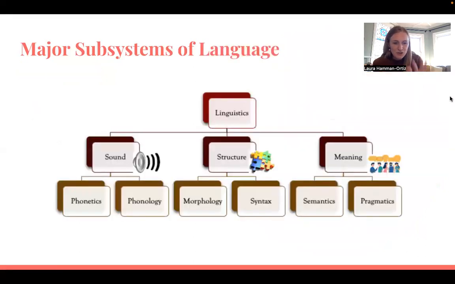And I like this visual too, as just another way to think about these subsystems and how the study of linguistics is structured. So some linguists study sound. Those are the ones who study phonetics and phonology. Some study structure, looking at morphology and syntax, and others focus on meaning, looking at semantics and pragmatics. And each of these areas has something to teach us as future teachers or as individuals who care about multilingual learner education.